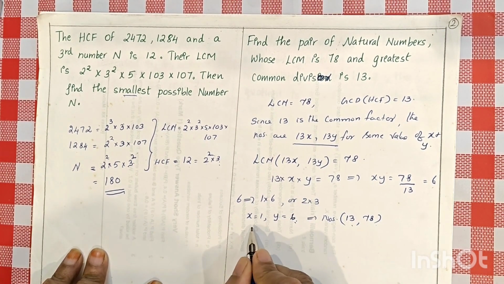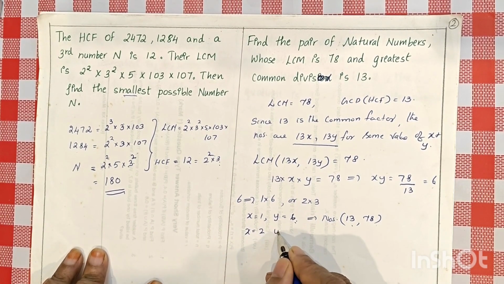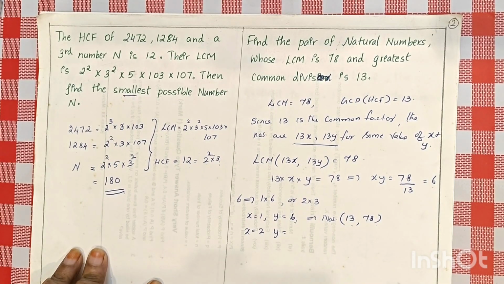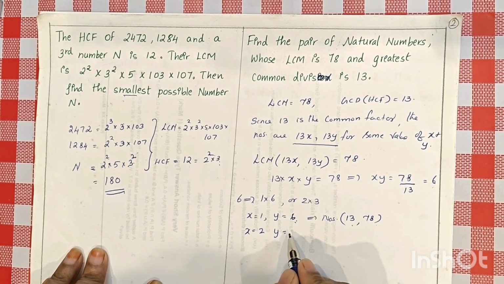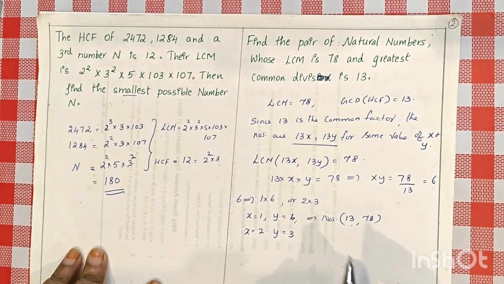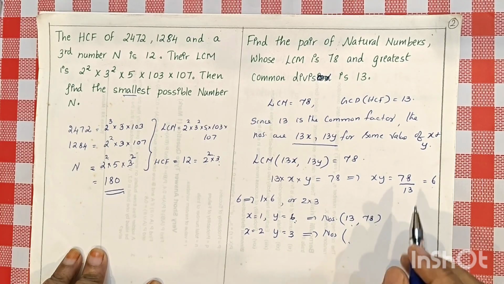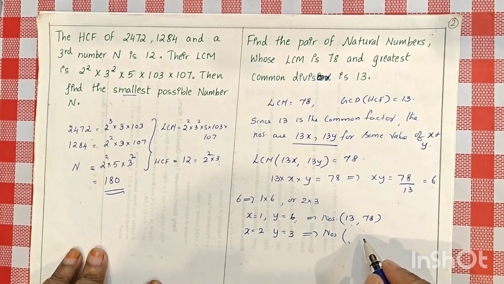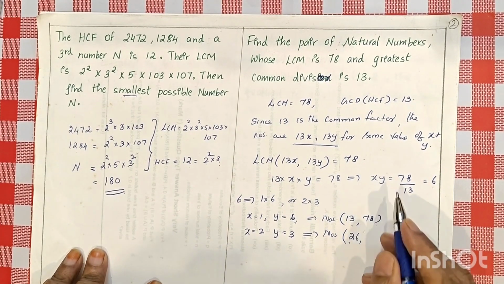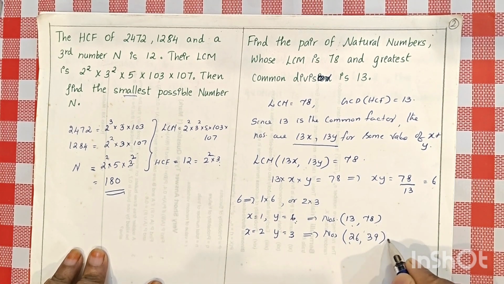Now when x is equal to 2, y equal to 3. So the numbers are 13 into 2, 26, and 13 into 3, 39.